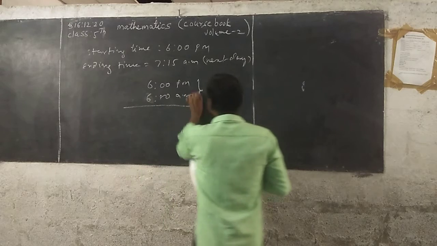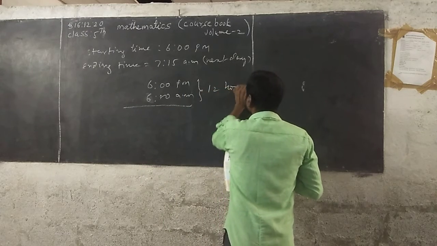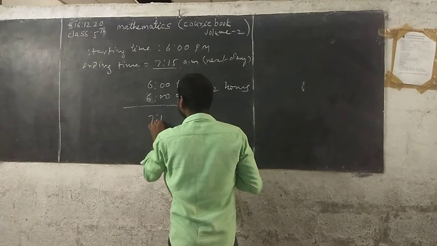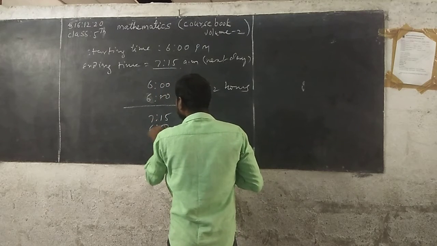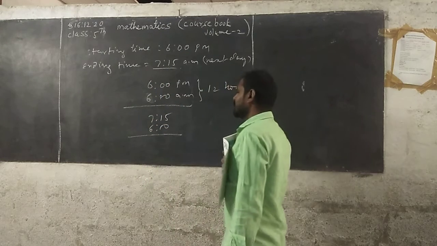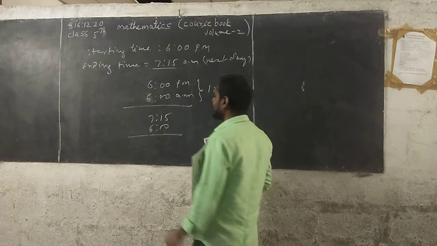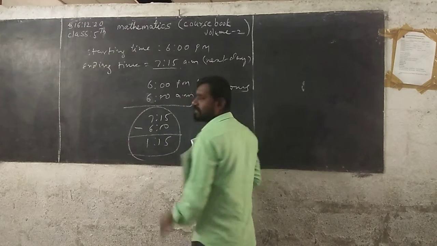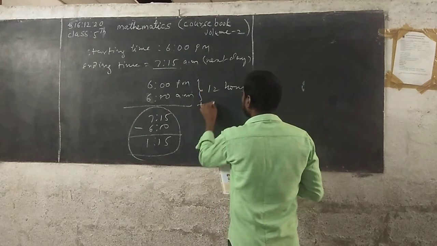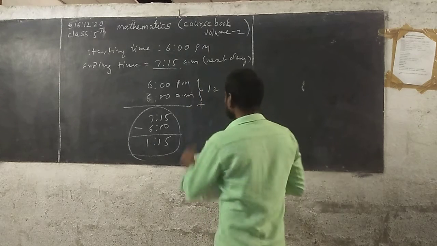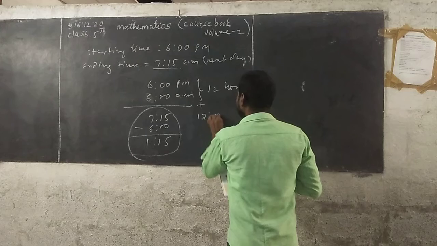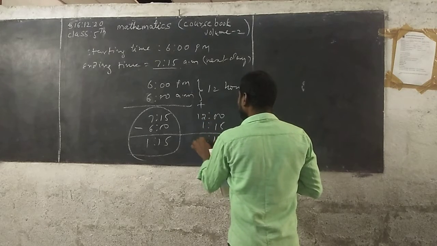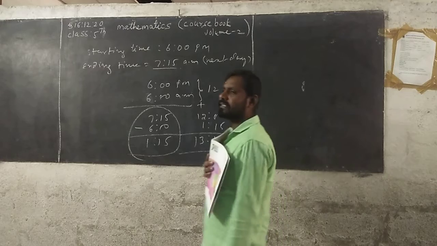Now the remaining: 6 AM is subtracted from 7:15 AM, you get 1 hour 15 minutes. So 1 hour 15 minutes is added to 12 hours, so 13 hours 15 minutes.